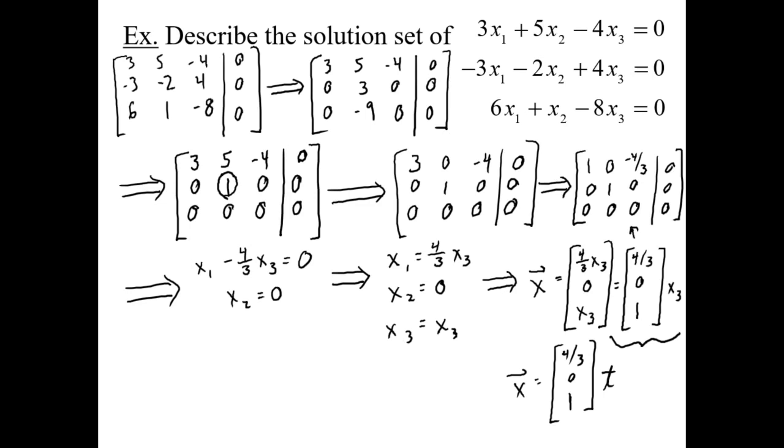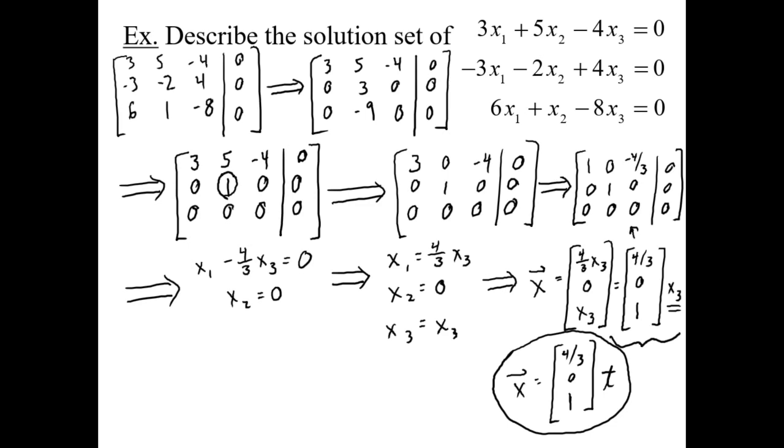The only reason I picked a different letter t is because t is what we're going to call a parameter, and we'll get to that in a minute. The idea of a parameter is it can take on different values, and different values of the parameter result in different solutions. So the different numbers I pick for t would give me the different solutions. But again, there's nothing wrong with leaving x3. It's just now my x3 is the parameter. Now I get to pick whatever I want.